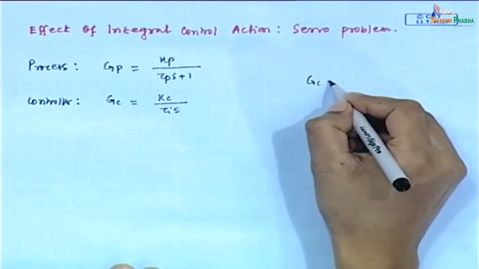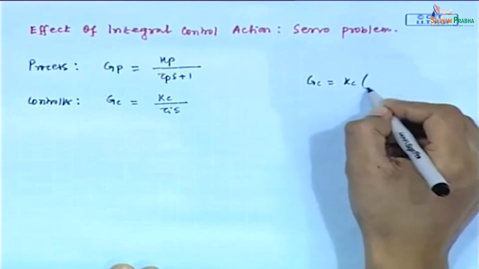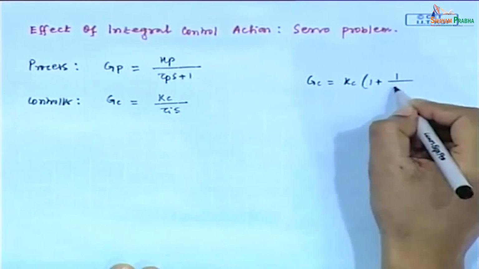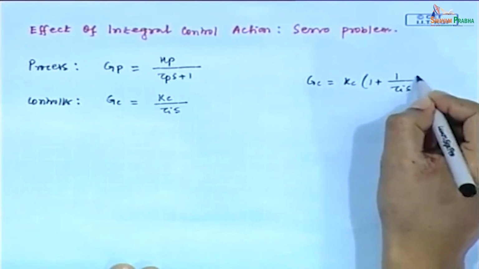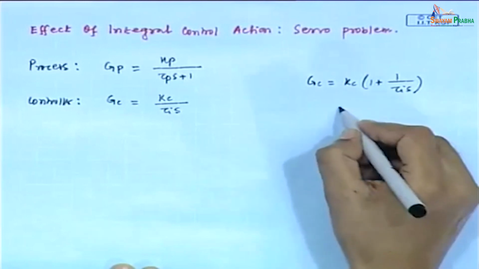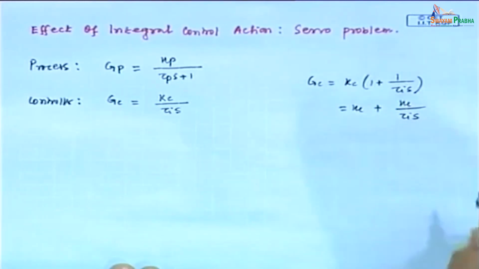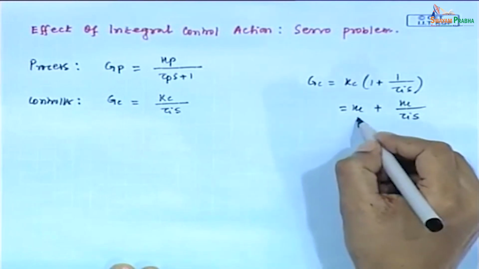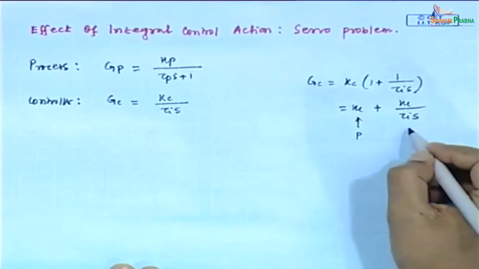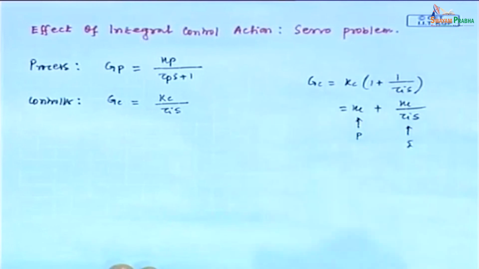For PI controller, the transfer function is Kc multiplied by 1 plus 1 divided by tau I s. That means Kc plus Kc divided by tau I s. So this is the transfer function of P and this is the transfer function of I.